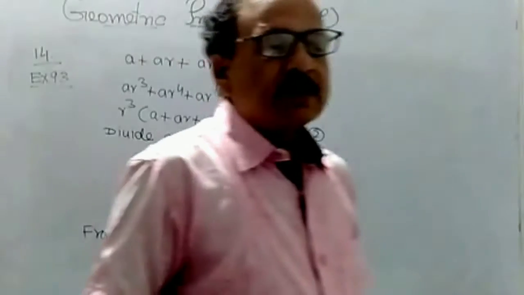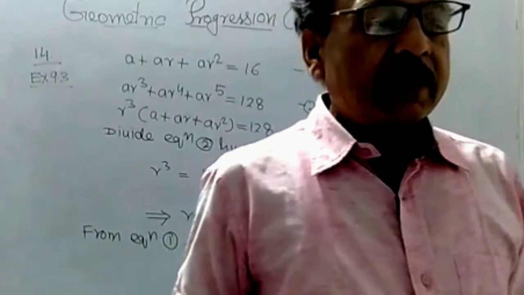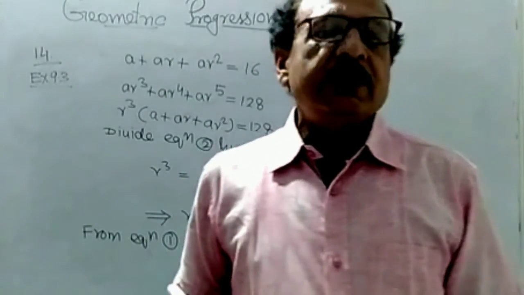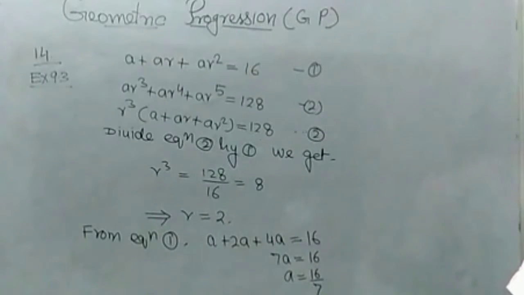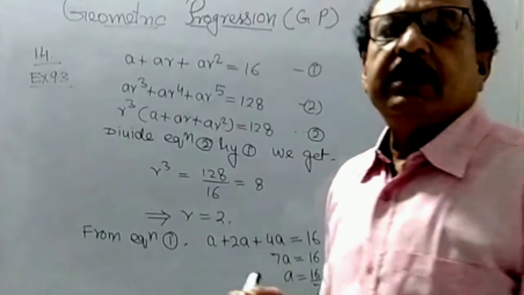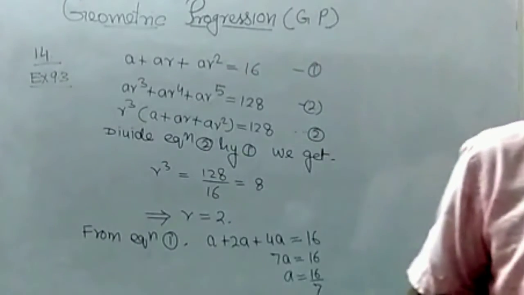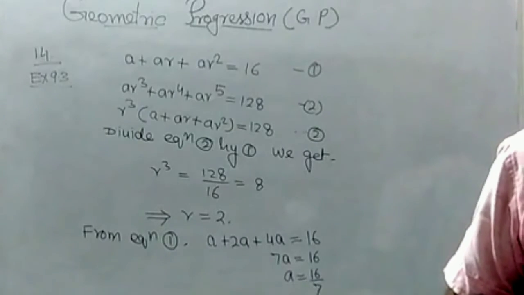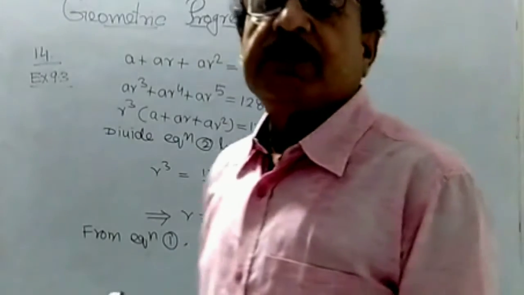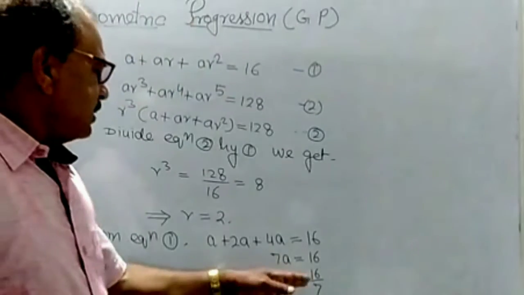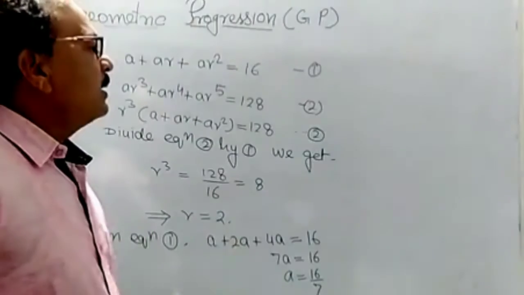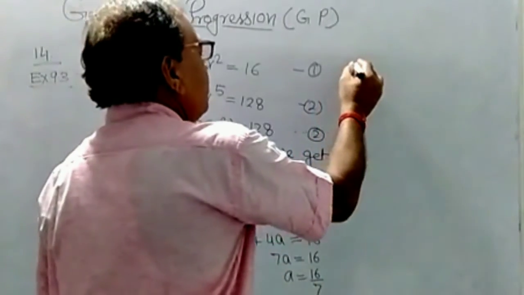Find the sum of n terms of the geometric series. Determine the first term and the common ratio and the sum of n terms of the GP. The first term is 16 by 7 and the common ratio is 2.